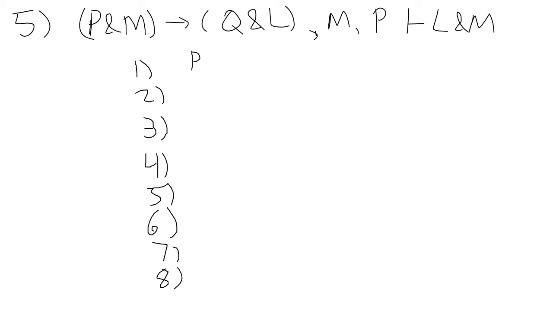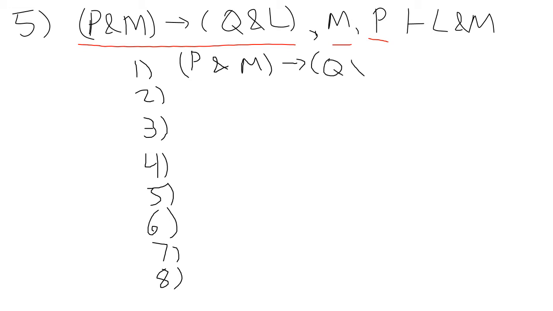Next, I want to put my premises from here, here, and here. I've got 3 of them. So I've got P and M, arrow Q and L. I have M by itself. I have P by itself.